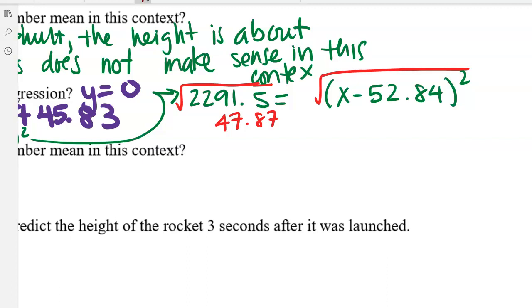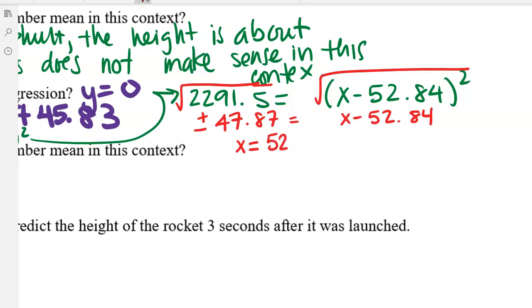Yeah. All right. But when we take a square root, we should have 2 answers, plus and minus. Every time we take a square root, students, we should have 2 answers. Okay. One more step is to add 52.84 to both sides. So when we add it to both sides, students, it will create how many answers? 2. One is a plus 47.87.